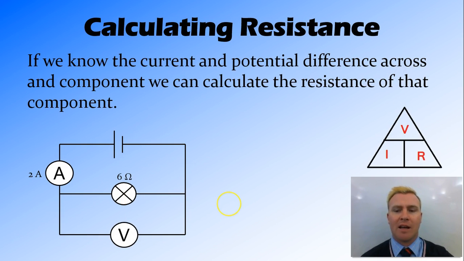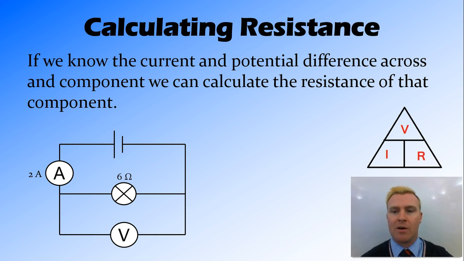Alright, well now let's have a couple of examples of how we can use Ohm's law to calculate resistance. So in the first one, I've called it calculating resistance. In the first one we're given the resistance. So we're given the resistance being 6 ohms, and we're given the current being 2 amps. So the thing that we're looking for here is actually voltage.